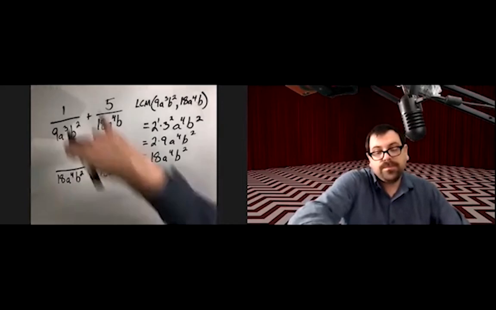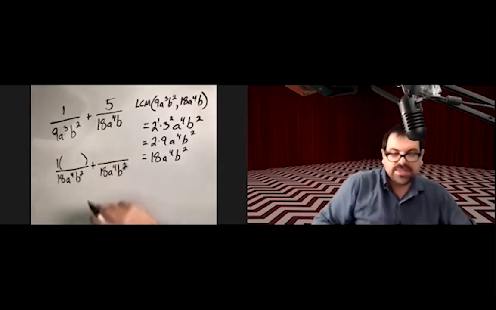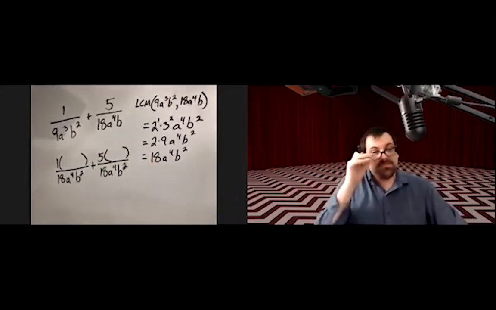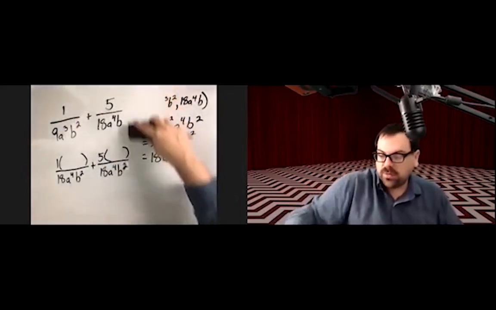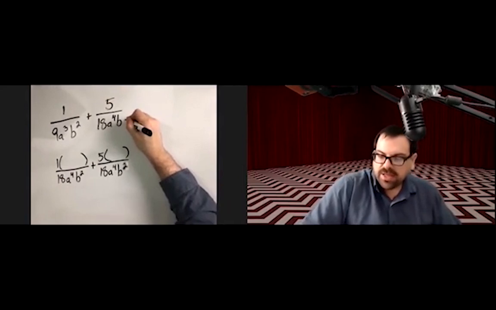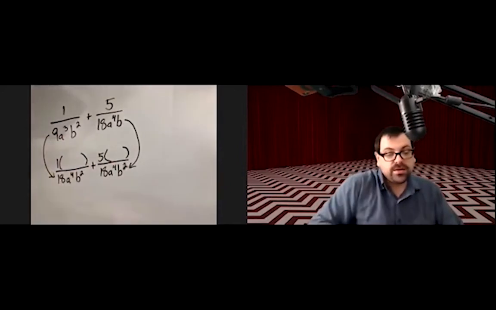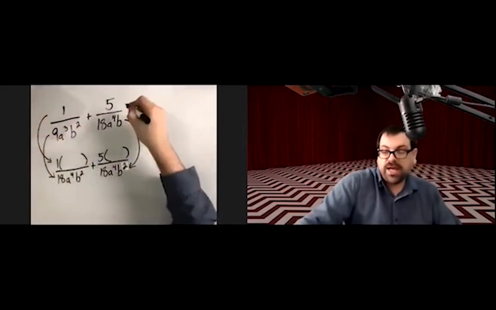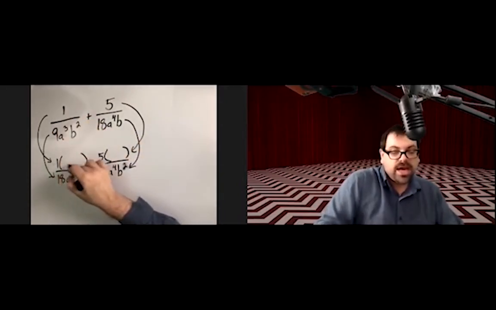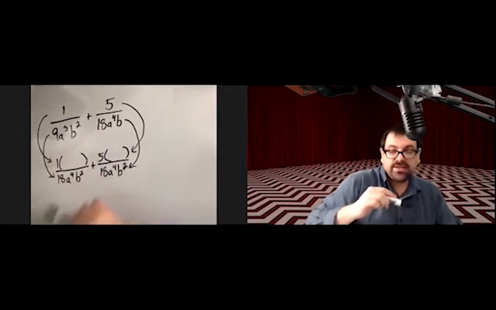Now on top here, we're going to write 1 times something, and we're going to write 5 times something, because when we do the equivalent fractions, remember, we ask ourselves, what do we multiply from to go from here to here? And then we multiply the top by those things. That's what we're setting up. The top, 1, times whatever we have to multiply this by to get this.